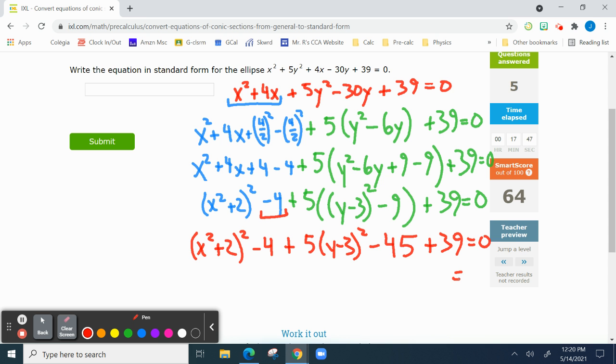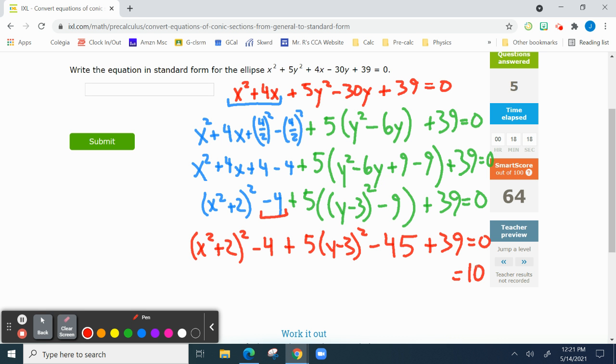So we've got negative 4 and negative 45, which is going to be negative 49, and positive 39, which is going to give us a negative 10, which is going to become positive 10 on the other side, right? So let's just make sure I did that correctly: 39 minus 4 minus 45 equals negative 10 on that side. So it's going to be positive 10 on this side.